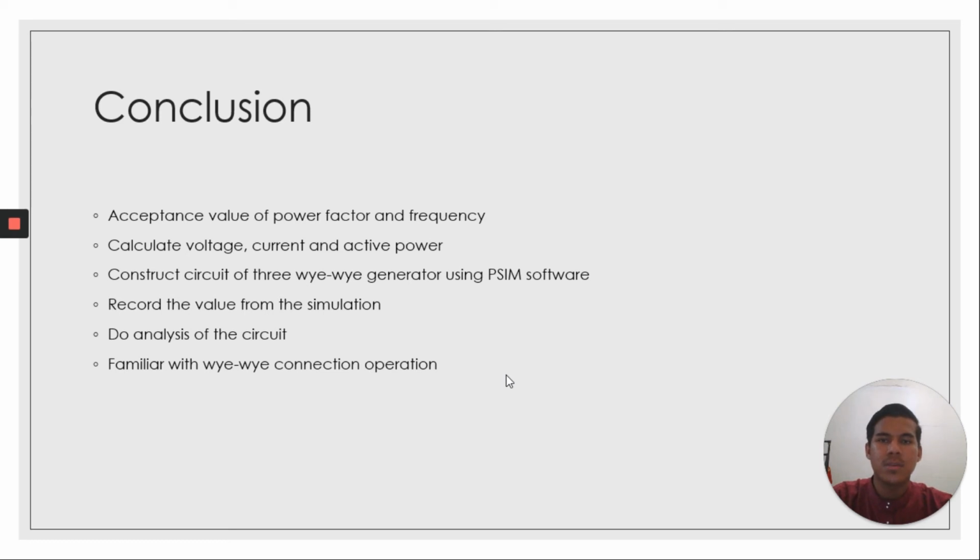The power factor of my kind of voltage main is 0.9, while the frequency that has been stated in the handbook is 50 Hz. In addition, I have learned how to calculate voltage, current, and active power through calculation. So by doing the calculation, I already know the steps to get the right value.